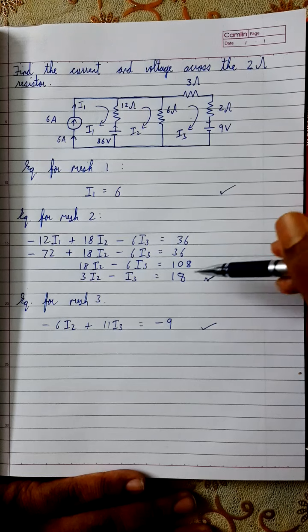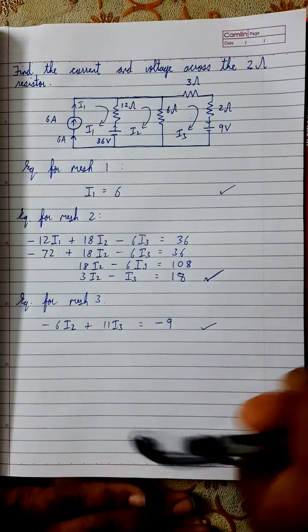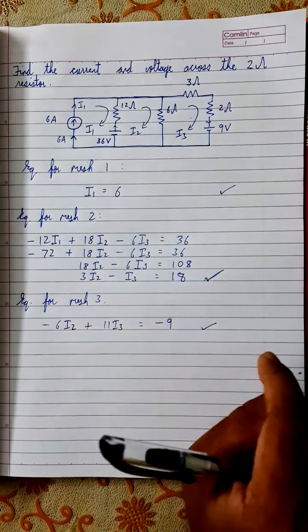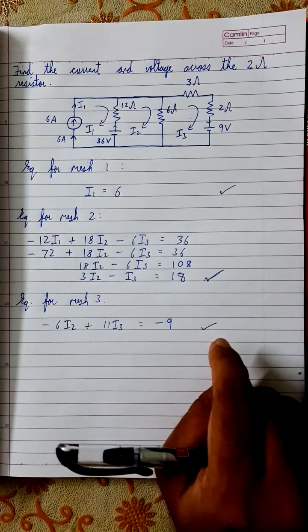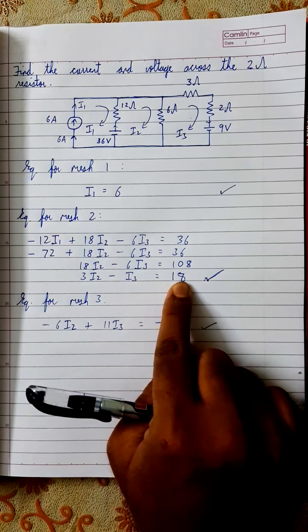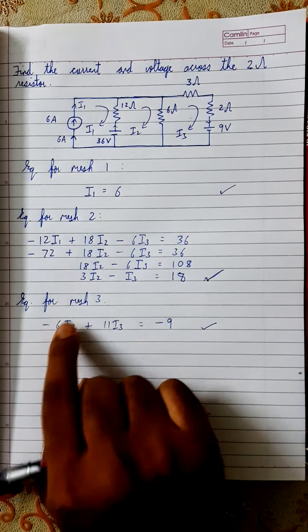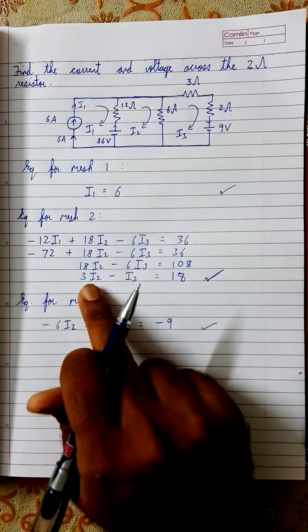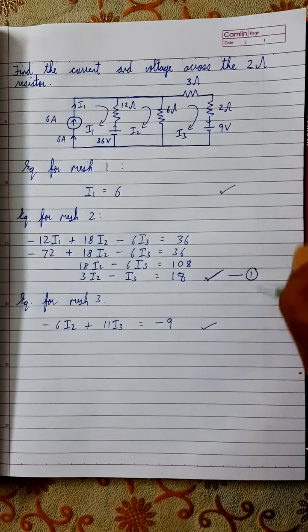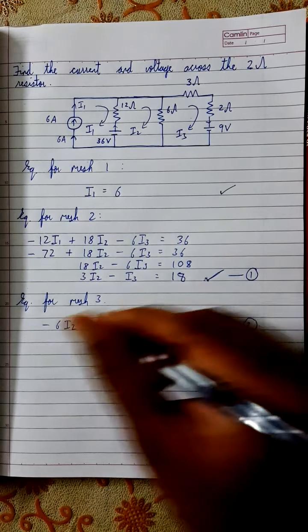This is minus 6 I2, whereas this is 3 I2. So maybe I will multiply this equation with 2 so that these two terms will become equal. If I multiply this equation with 2, this is equation 1 and this is equation 2.